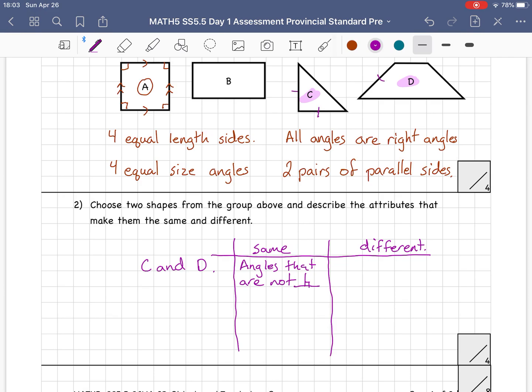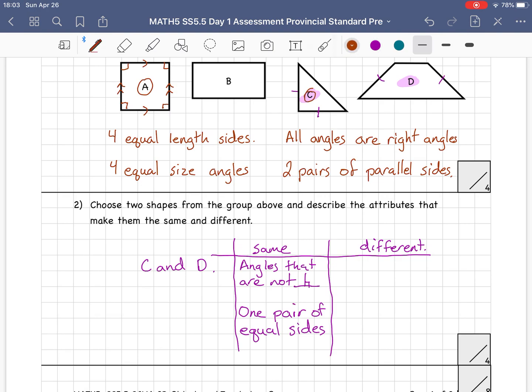If you look on C, these 2 sides are the same size, and these 2 sides are the same size. So they both have 1 pair of equal sides. That's another way that they're the same.